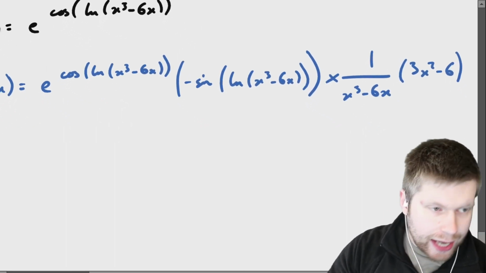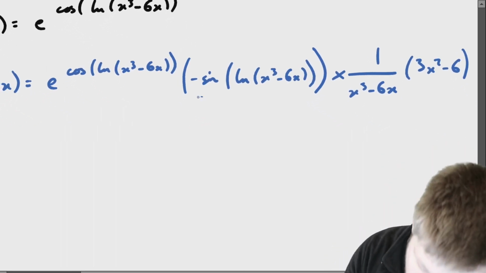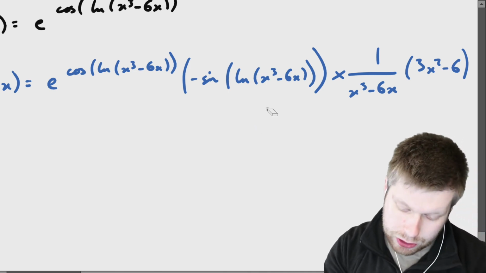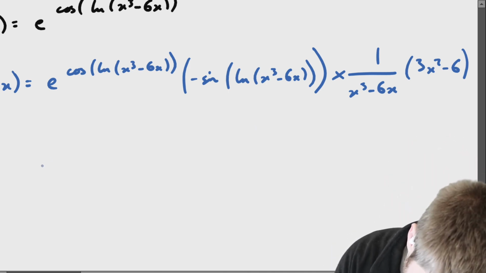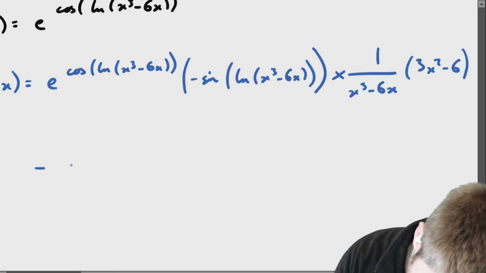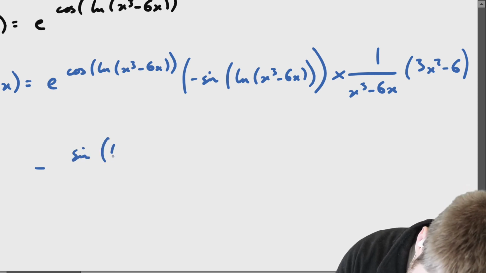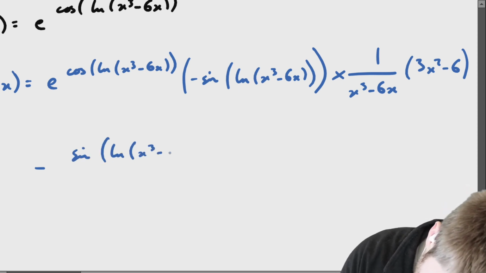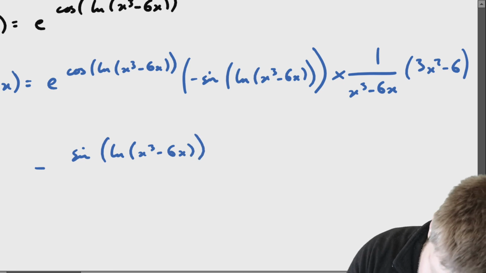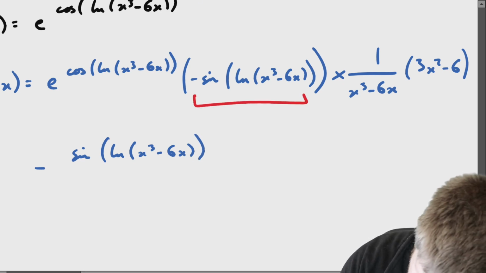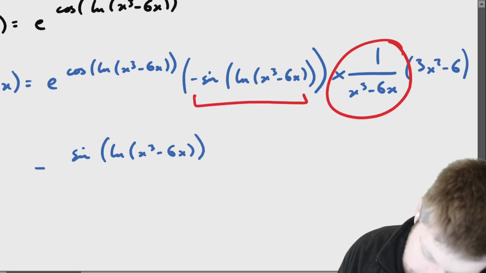Okay. So just a little bit of tidying up then. I know the whole thing is going to be negative because I've got a negative sign in there. So I'll stick that negative out first of all. So I get negative, and I'm going to write this as sine of the natural log of x cubed minus 6x. I'm going to start off by taking this term here. Then I'm going to multiply it by this fraction.